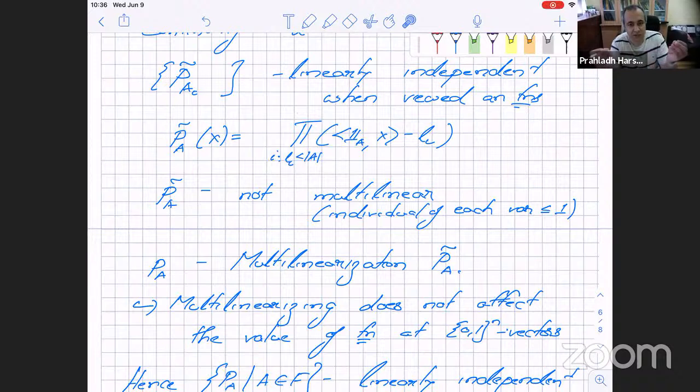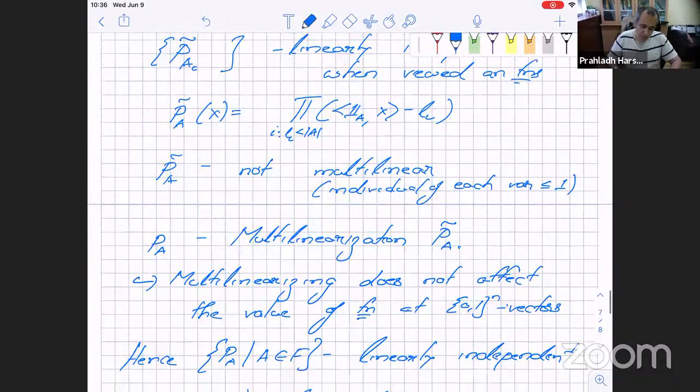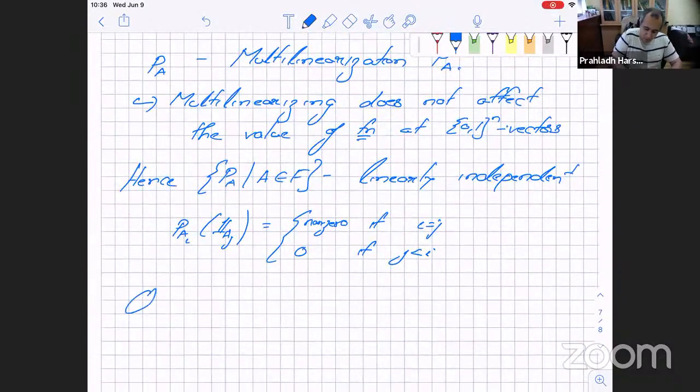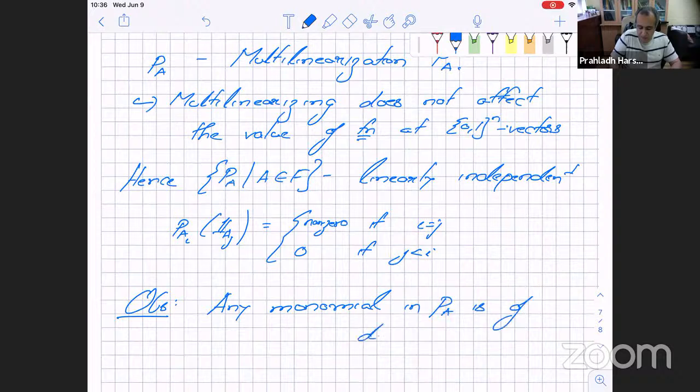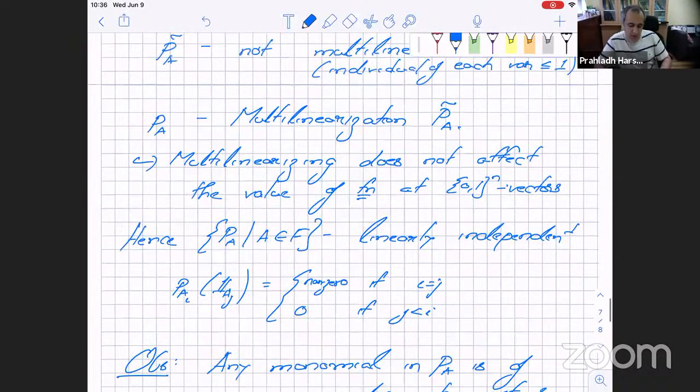This is where I'm using the fact that capital L is of size s. I want to make one observation, that any monomial in PA is of degree at most s, because of the way I have defined PA.